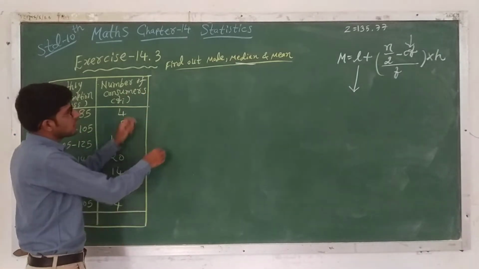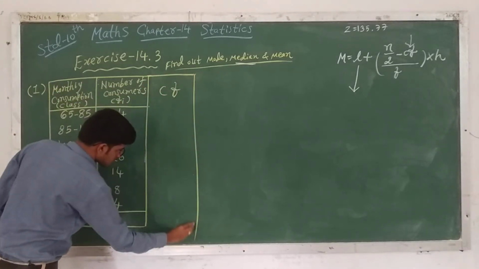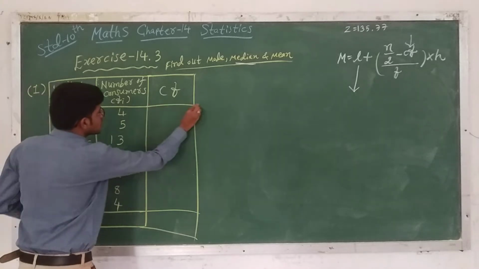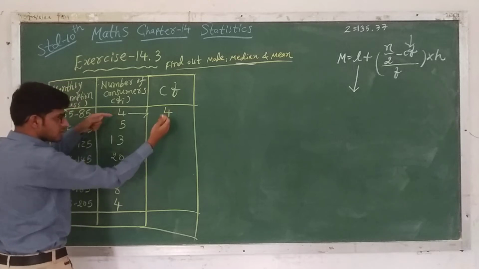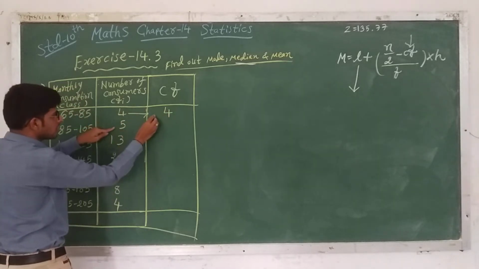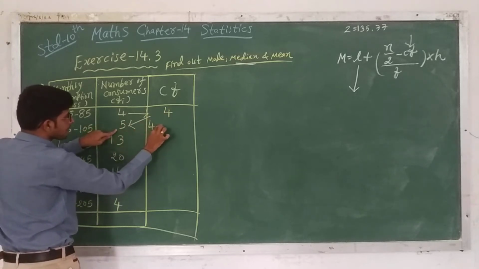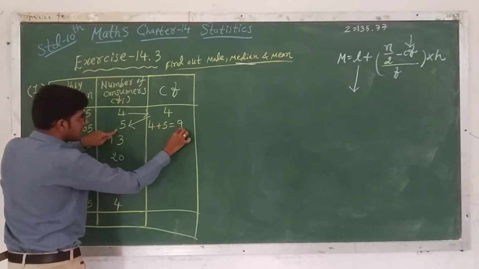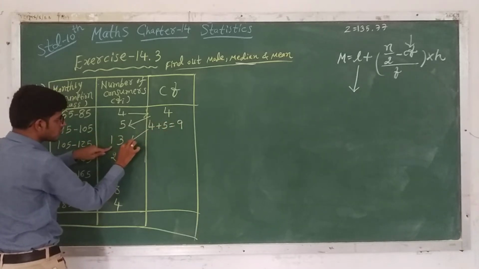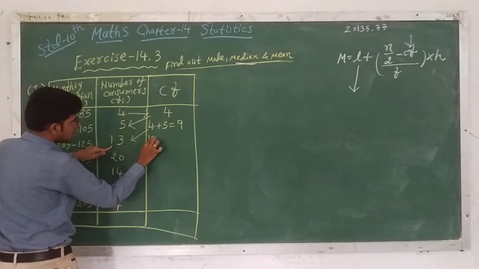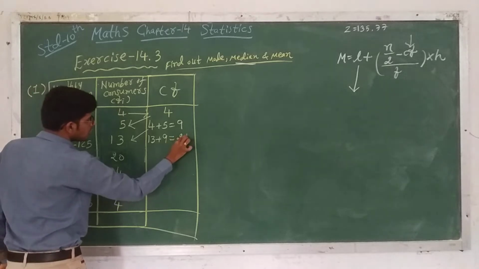So first of all we have to find out the cumulative frequency CF. So how to find CF? First of all we write down the first frequency over here, so 4. Next we add the next frequency, so 4 plus 5 is equal to 9. Next we add the next frequency, 13 plus 9, so 22.